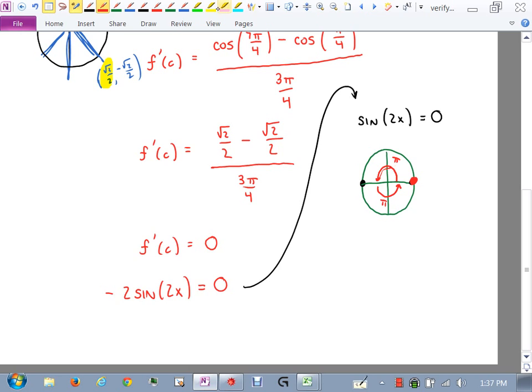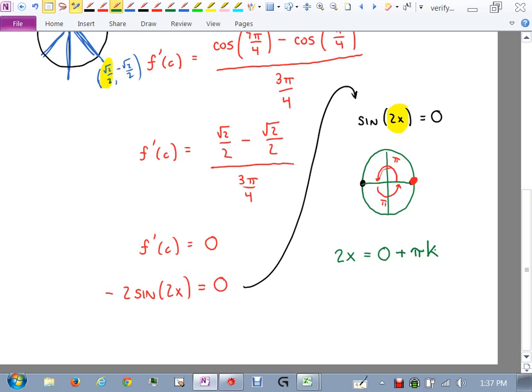So now what I say is that I need the angle inside, which is actually 2x. I need the argument of the trig function, 2x, to be equal to, well, 0 radians, which is this point right here. But I could also add any multiple of pi. And the way we write that is pi k, or some books say pi n, where k is an integer here.